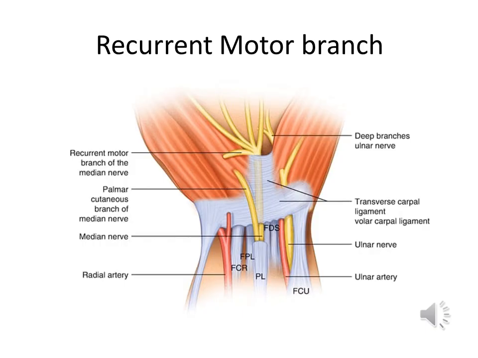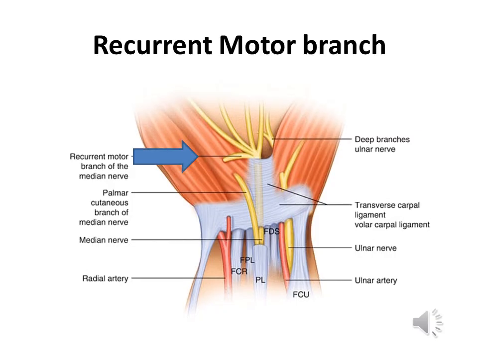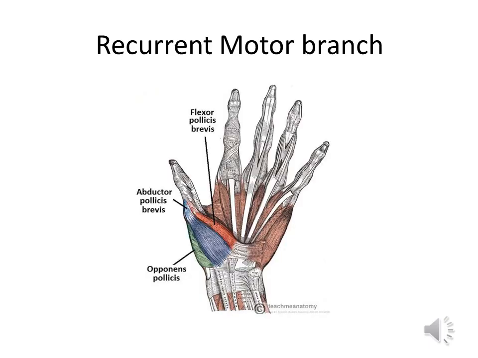Second is the recurrent motor branch of the median nerve. Try to find it. Yes, it arises from the median nerve after it passes below the transverse carpal ligament. This recurrent motor branch, we call it the nerve of the median tower.